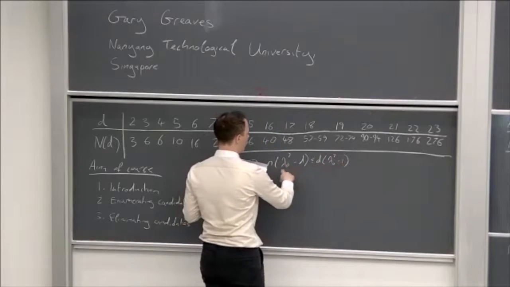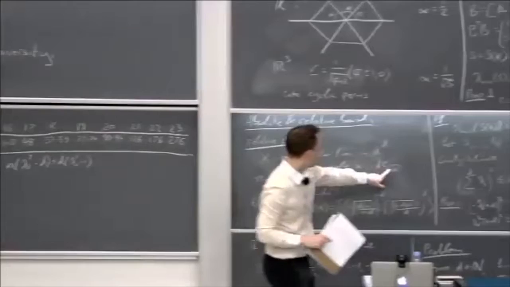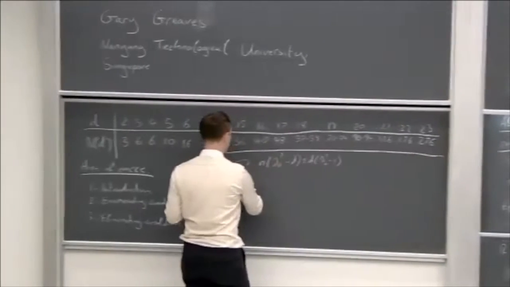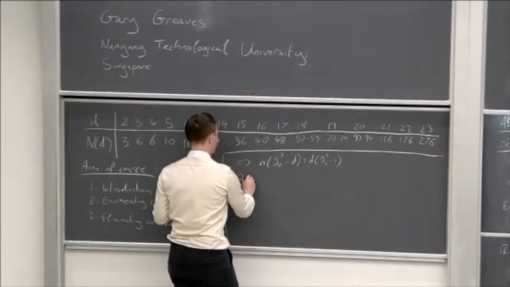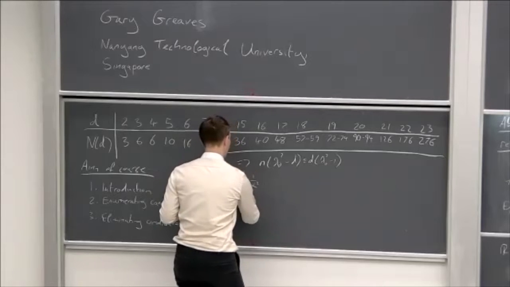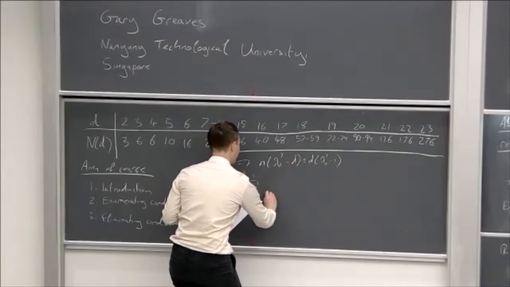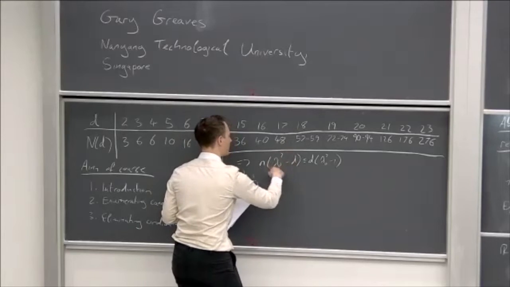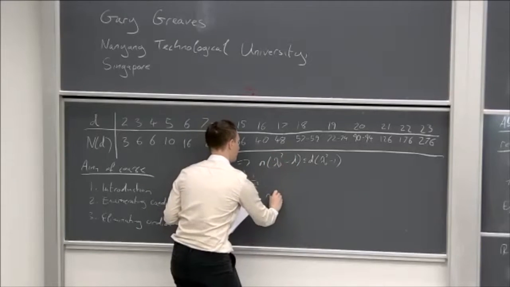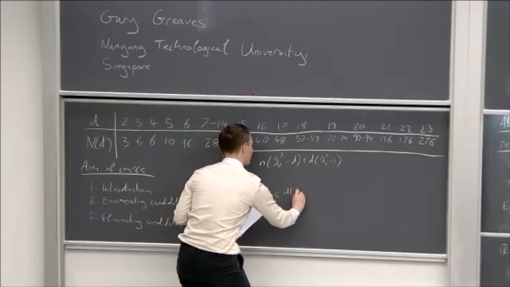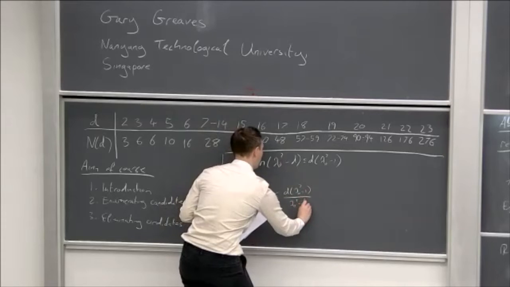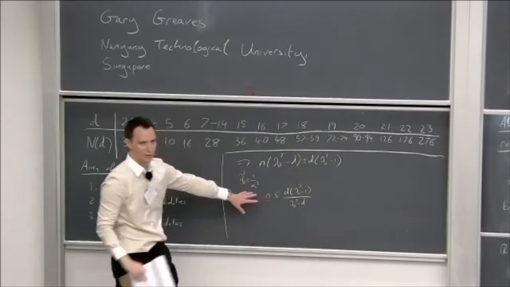And now, because d is at most 1 over alpha squared, this thing here is just equal to 1 over alpha squared. And so we can divide both sides by this, since it will be positive. So this becomes n is at most d times lambda 0 squared minus 1 divided by lambda 0 squared minus d. And so this is the bound.